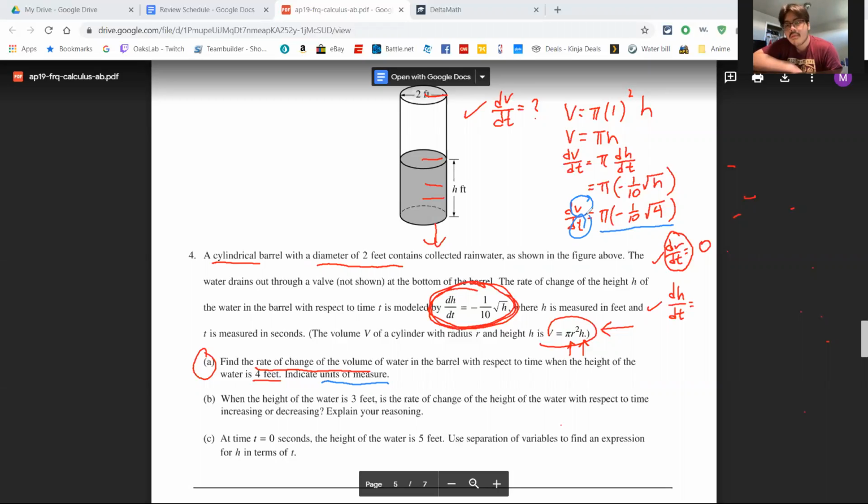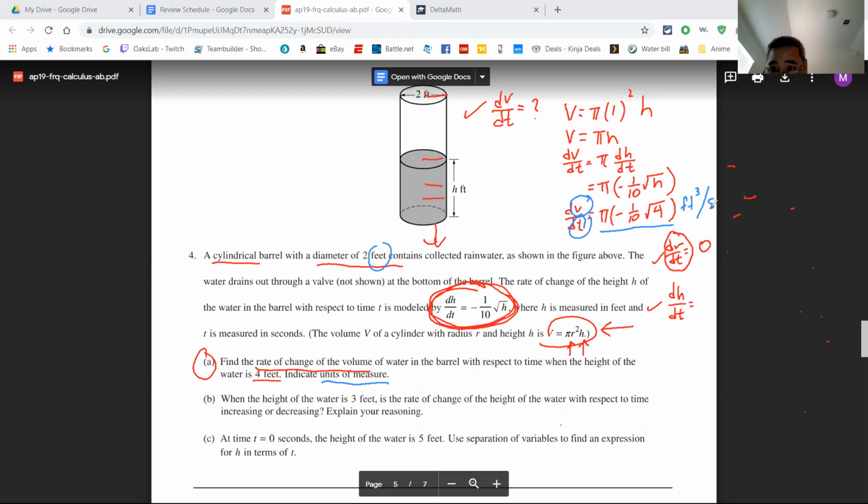So it should be feet cubed per time. And how much time? Time is measured in what in this particular problem? Seconds. Seconds. Is Nelson the only one speaking here? All right. And that is good enough.